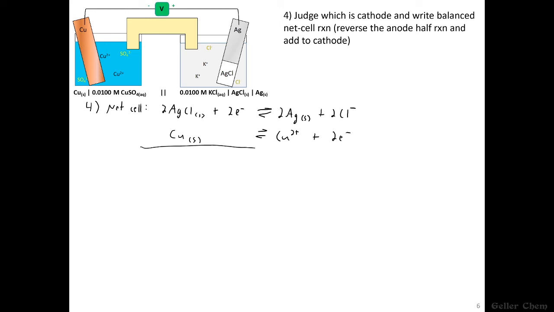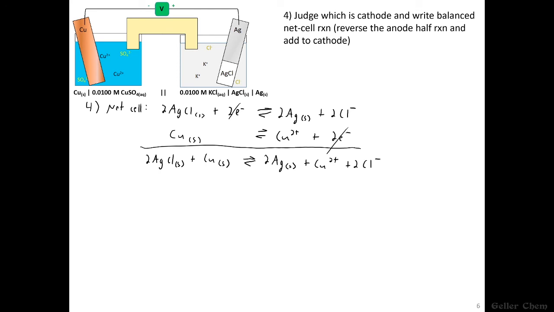And so if I were to add these two reactions together, I would get 2 AgCl solids plus a copper solid, but we're not going to write those 2 electrons because we can see that those will cancel. So we have those as our reactants, and they are in equilibrium with 2 Ag solid plus copper 2 plus 2 chloride ions.